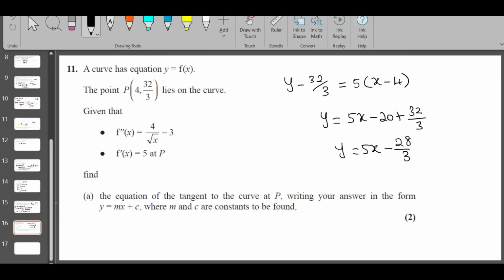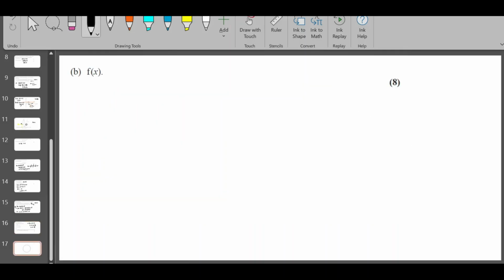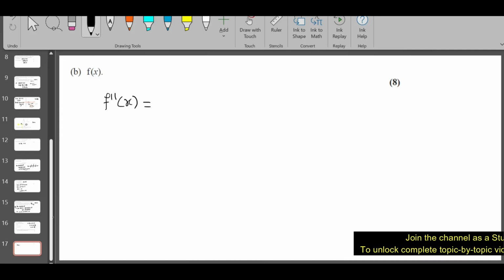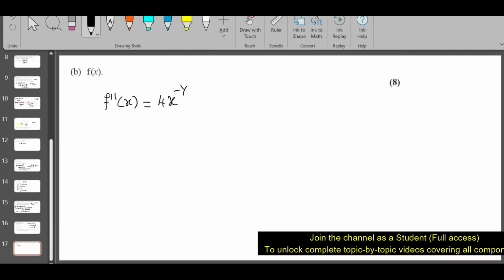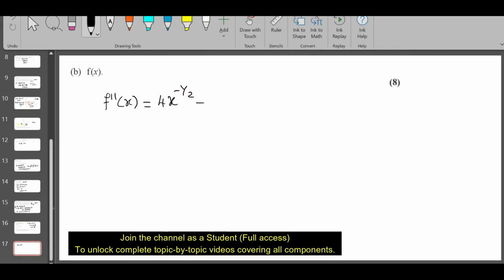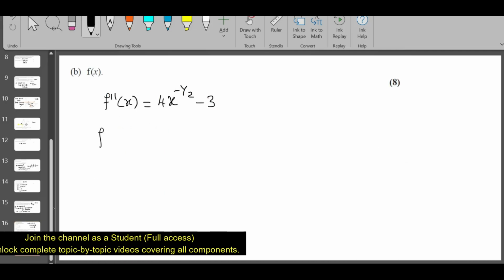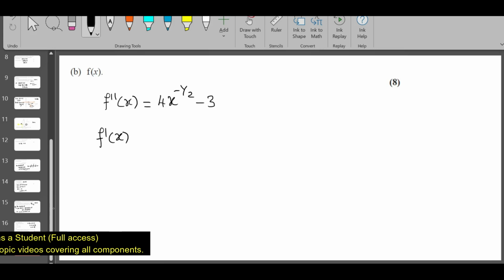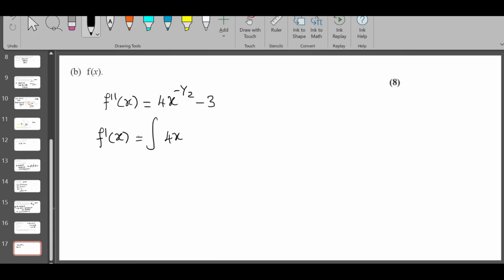Okay. We are going to take f double dash of x first. 4 over root x minus 3. I can write it as 4x power minus half minus 3. When you integrate it, f dash of x is equal to the integral of 4x power minus half minus 3 dx.